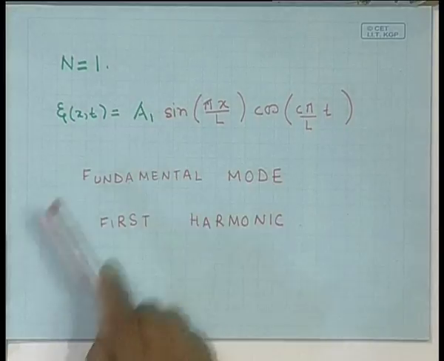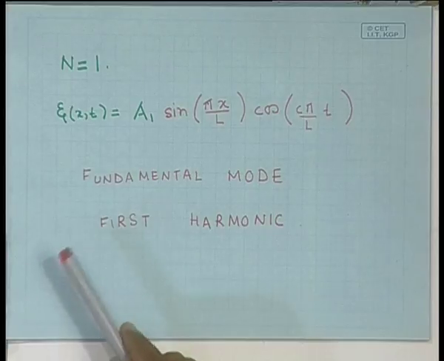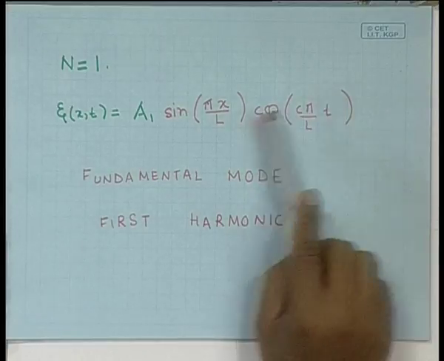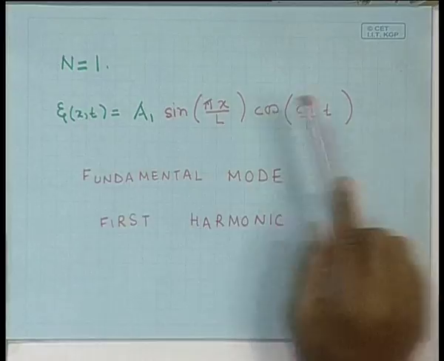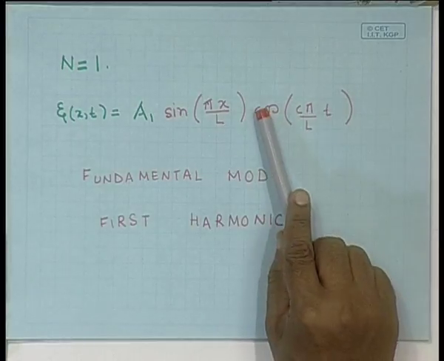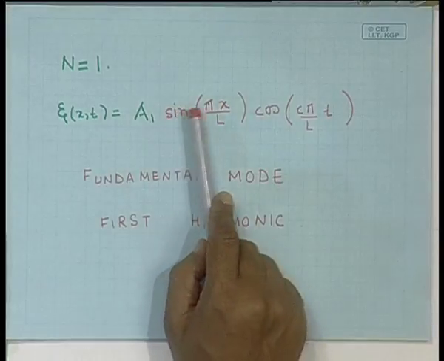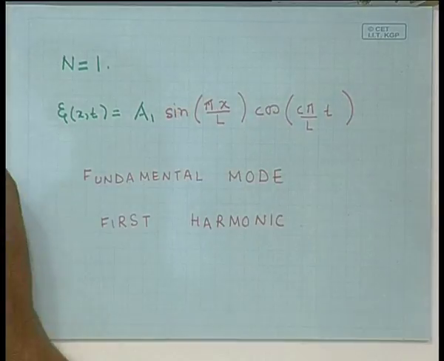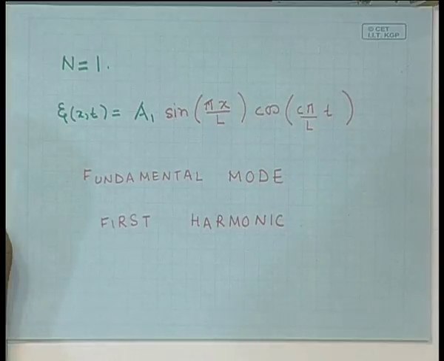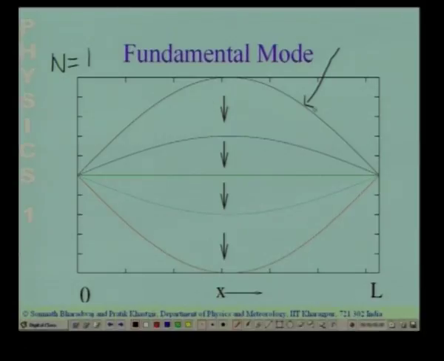We have set the amplitude to 1, and we are looking at the disturbance as a function of x at the time t equal to 0. At t equal to 0, this cosine term has a value 1, and the disturbance is just given by sine pi x by L, which is what is shown over here, the curve on top. So, this is what the disturbance in the string will look like. The undisturbed string is what is shown over here. At t equal to 0, the string will look like this.